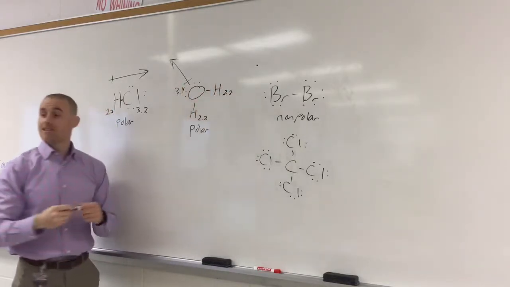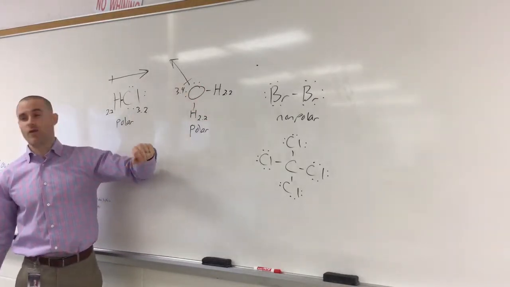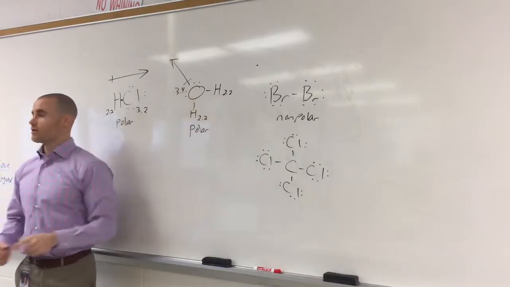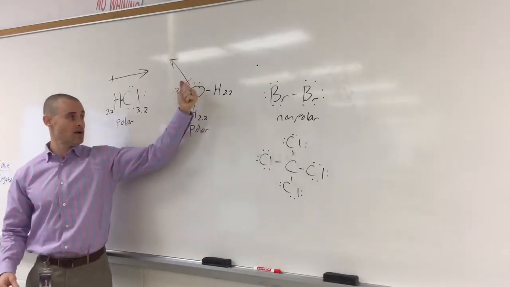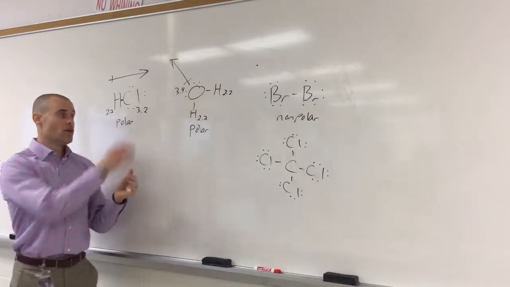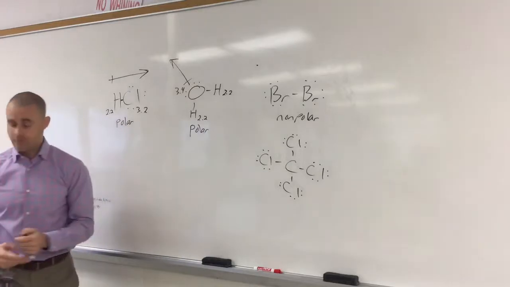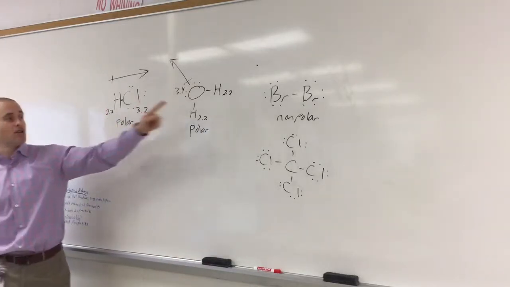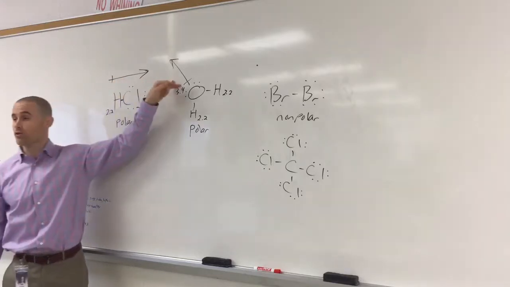Now, in the past, kids have said, wait a second, 2.2 plus 2.2, that's 4.4. That's stronger than 3.4. Doesn't work that way. It actually treats each bond separately. So oxygen wins this one, and oxygen wins this one. So in general, it's going that way. The oxygen's pulling the electrons that way. The arrow points towards the more electronegative element. That's what a dipole does.